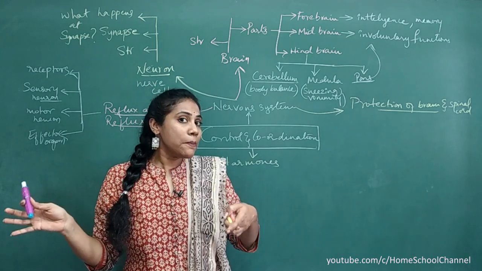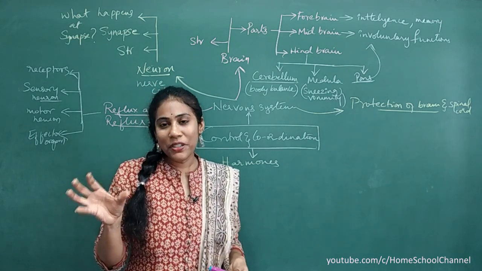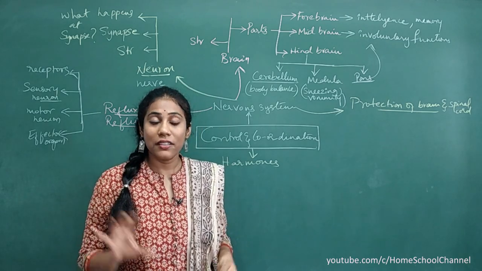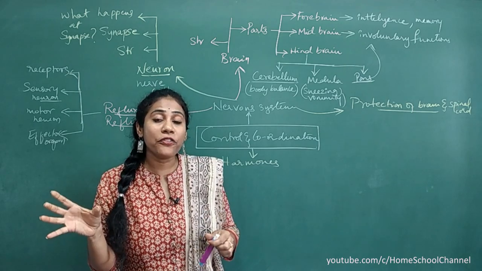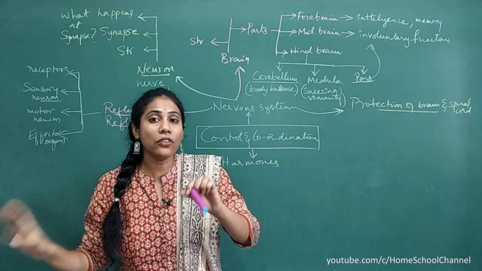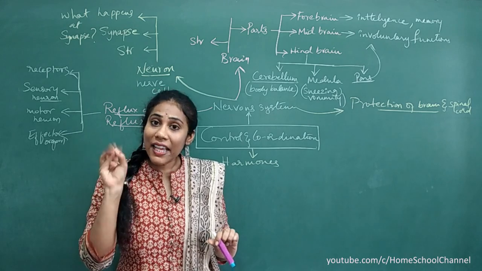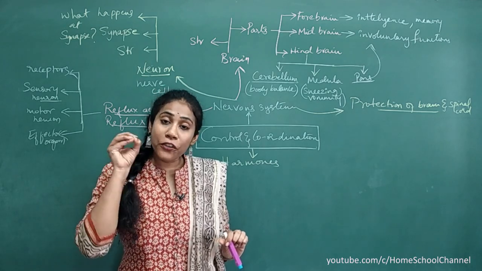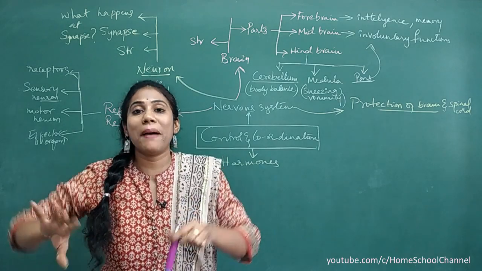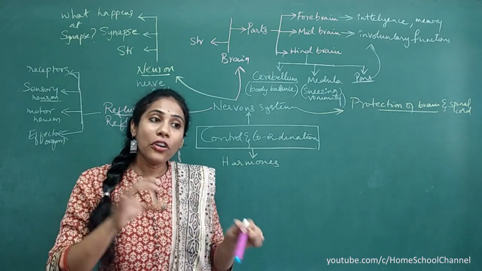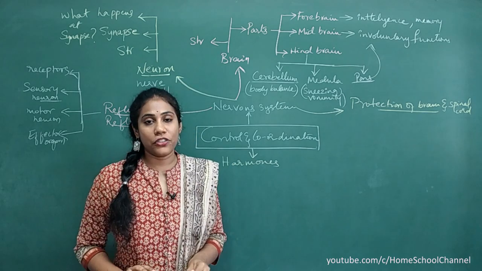So comes hormones. These hormones are like chemical messengers. They are chemical messengers which help to carry information from one part of the body to another part of the body. And these are chemicals, and they flow through blood. Through blood, they communicate with different parts of the body, right? So they are called chemical messengers.